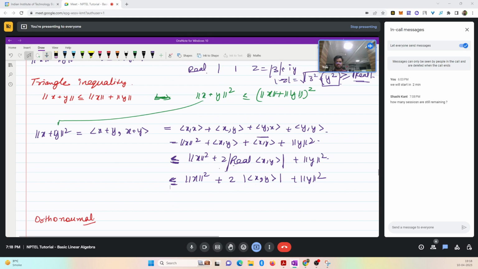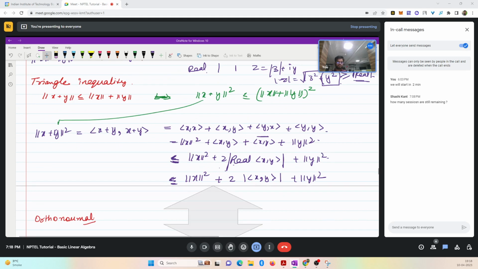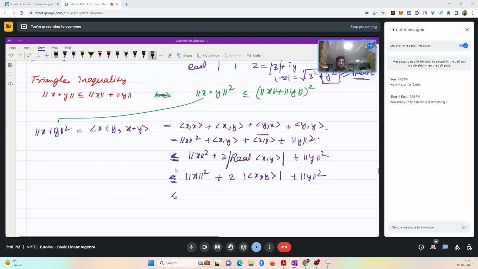Now we use our Cauchy-Schwarz inequality over here. What does the Cauchy-Schwarz inequality say? That this thing is always less than or equal to norm of x into norm of y, which we proved just now. And what is this equal to? This is equal to norm of x plus norm of y whole squared.